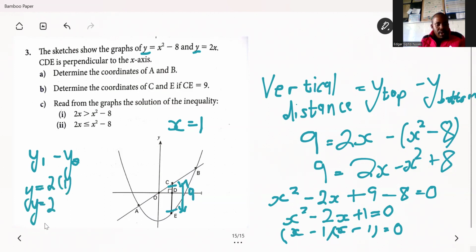I get 2, so point C has the coordinates (1, 2). Now point E lies on the parabola, so I substitute x equals 1 into the parabola to find the coordinates of E: 1 squared minus 8.